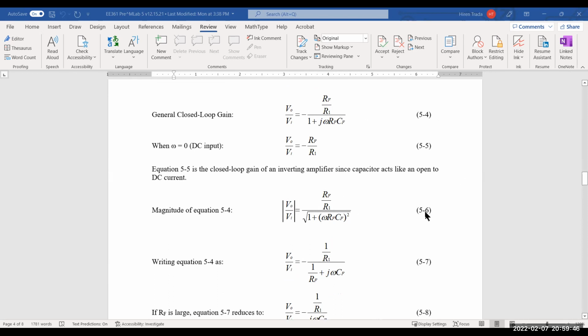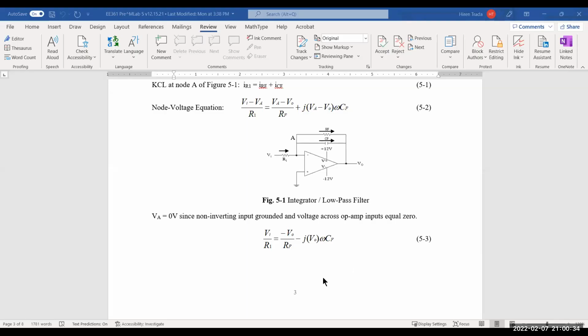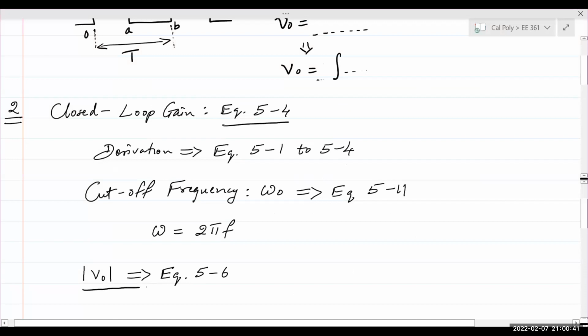Equation for the magnitude is given in 5-6. So magnitude of VO or V out is given in 5-6.